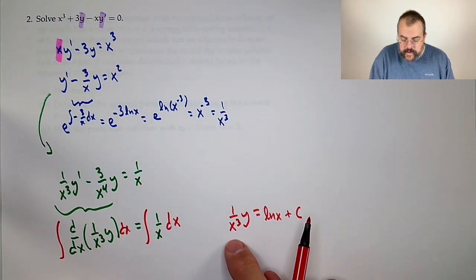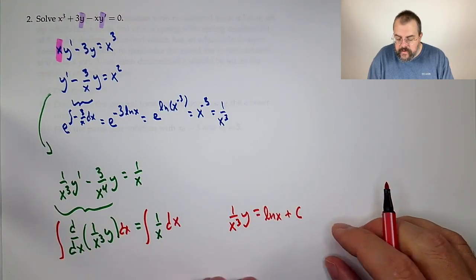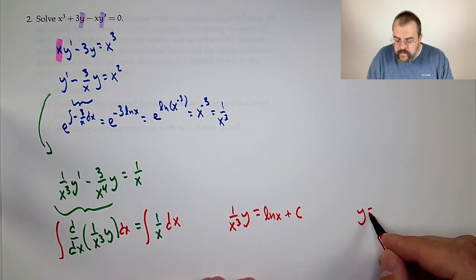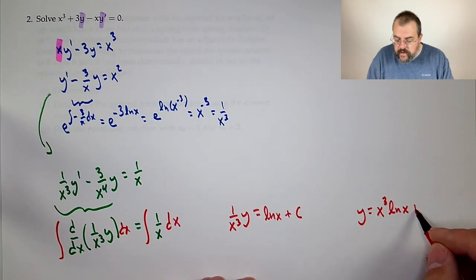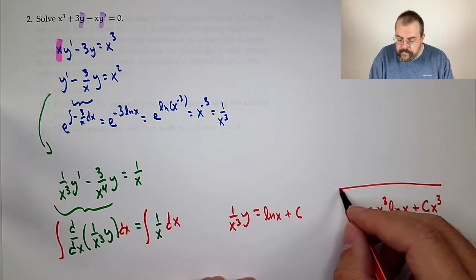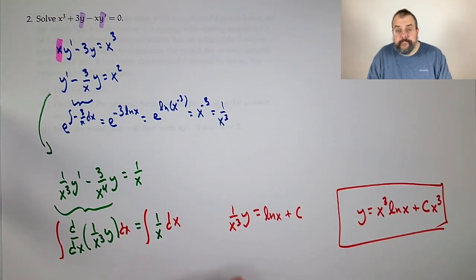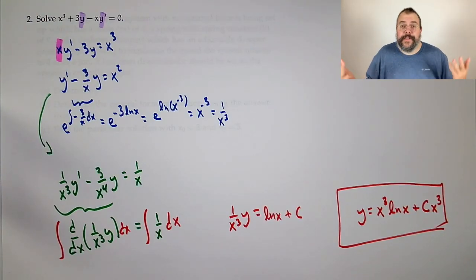And, well, finally, let's just multiply through by x cubed. So we get that y is equal to x cubed natural log of x plus some constant c, x cubed. And that's it, right? There's no initial condition. And so that is the solution.